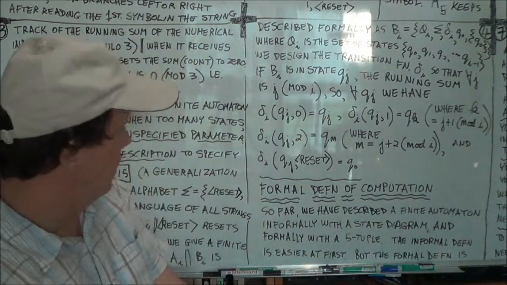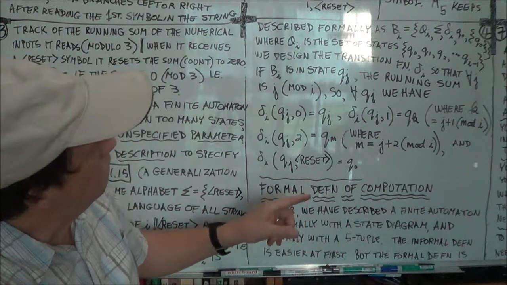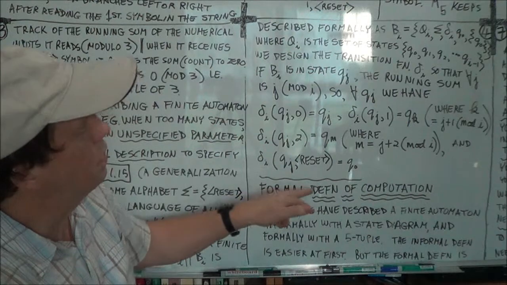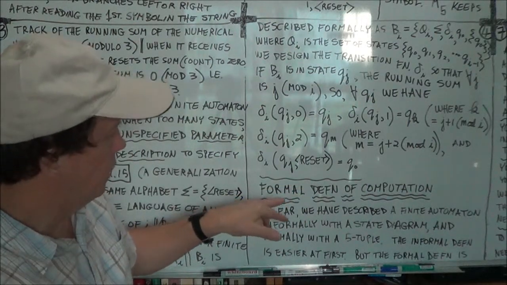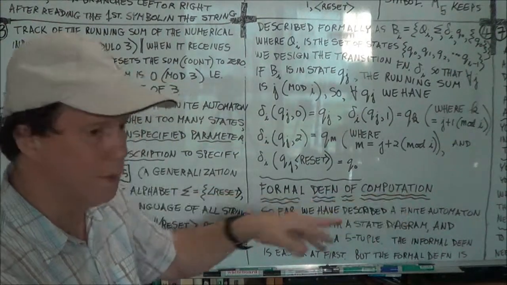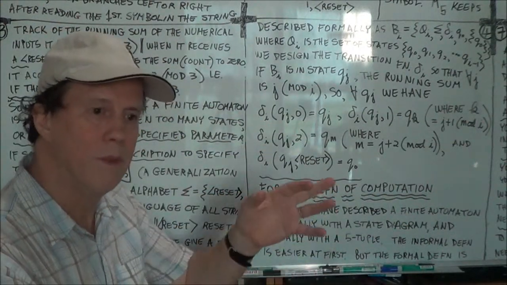Okay. So the next session we will give a formal definition, sort of math type definition, of how an automaton computes.